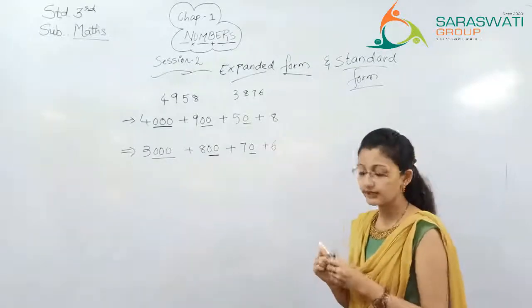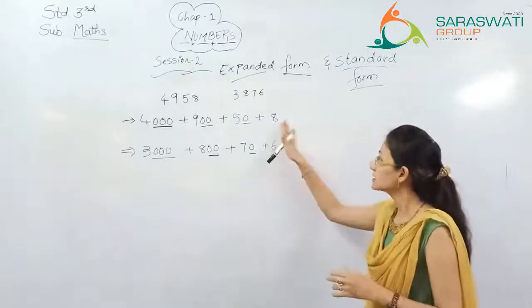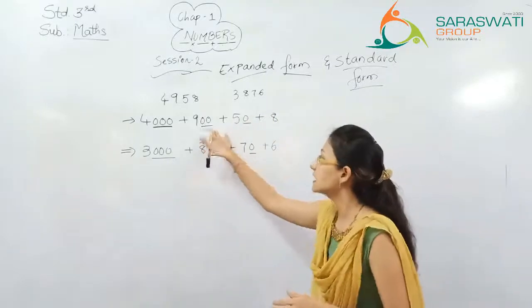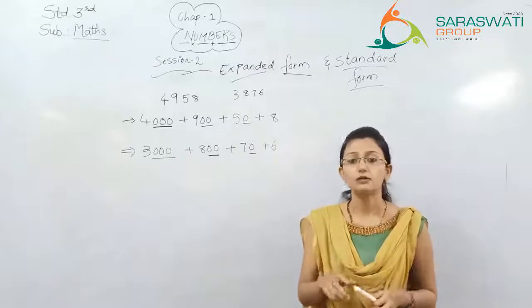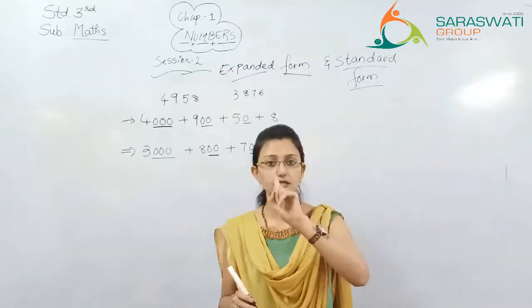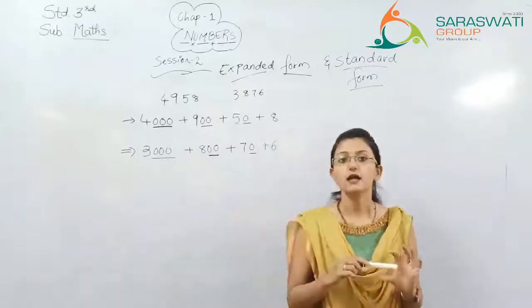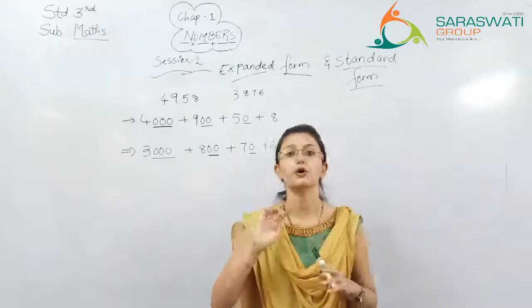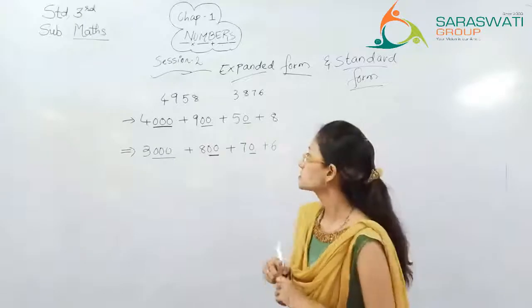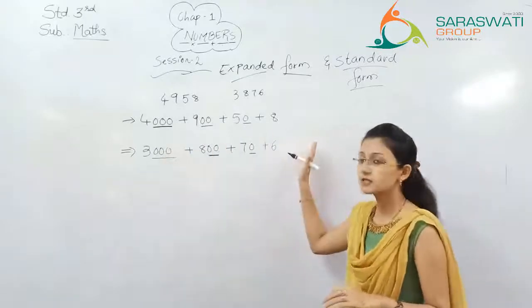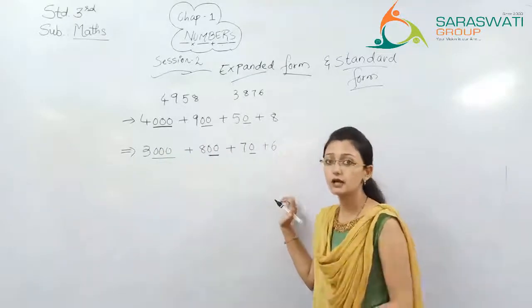So here you can identify ones, tens, hundreds and thousands. You already know that in tens, the number of zeros is 1. In hundreds, the number of zeros is 2. And in thousands, there are 3 zeros. So this is the expanded form of a particular number.